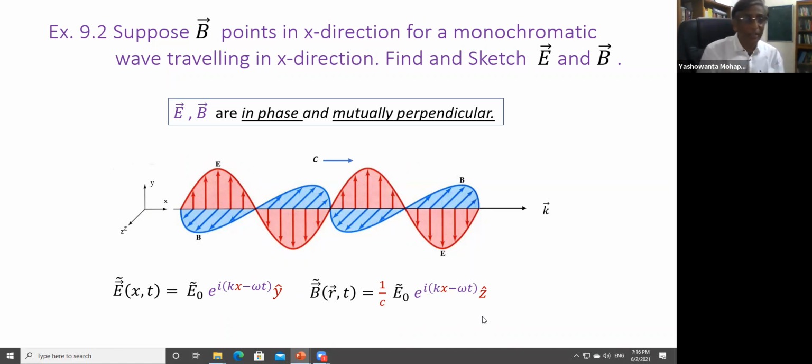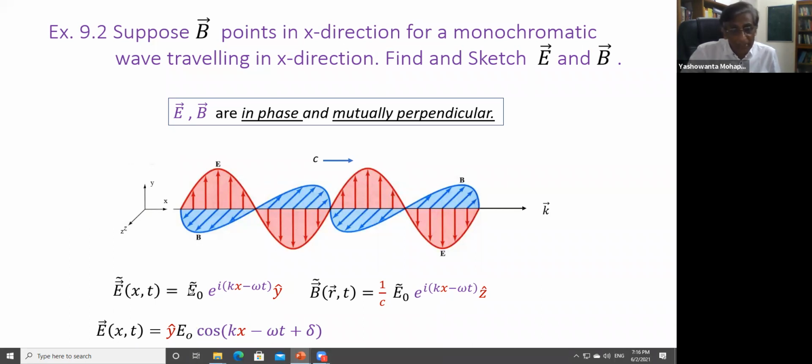That's how I have written it down. You need to get used to writing from a word description, or visualizing, a plane monochromatic wave in free space. So this is the complex, but I can get the real one. So E(x,t) is the real part of this. So this is y hat, and then this is just the magnitude, the amplitude, and this is the cos of kx minus omega t.